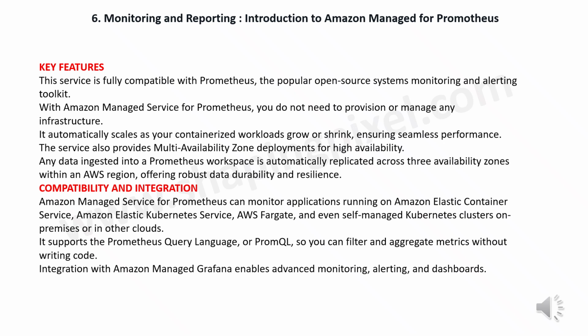It supports the Prometheus Query Language, or PromQL, so you can filter and aggregate metrics without writing code. Integration with Amazon Managed Grafana enables advanced monitoring, alerting, and dashboards. This overview highlights the key benefits of Amazon Managed Service for Prometheus. Good luck as you prepare for your AWS certification journey.